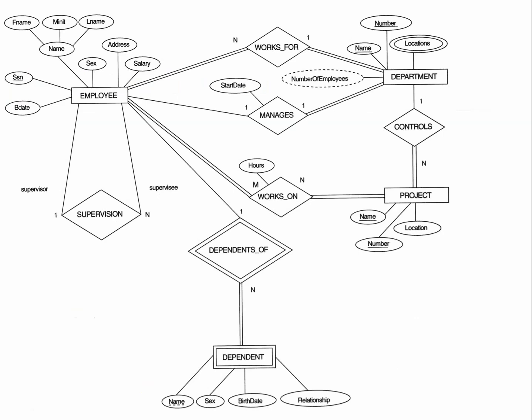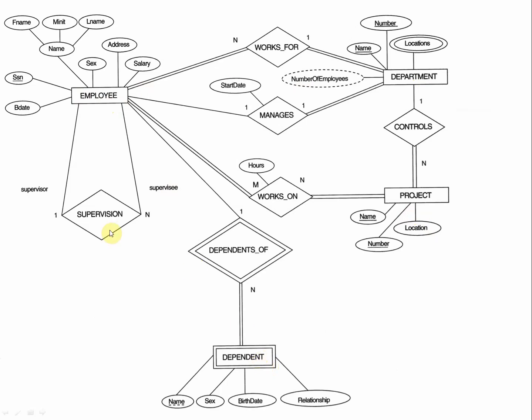By giving you an example, let's look into this ER diagram of the company database. It is exactly the same one that we have learned from our ER topic that includes the employee, department, projects as regular entity, and we also look into a dependent, which is considered as a weak entity type.